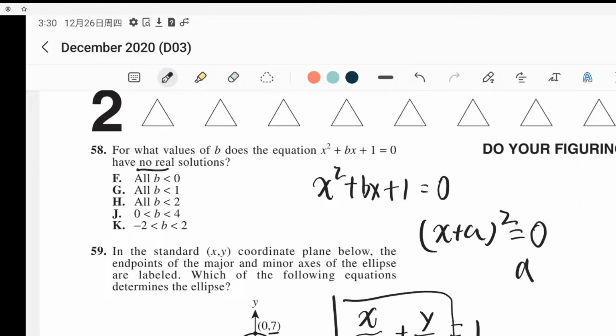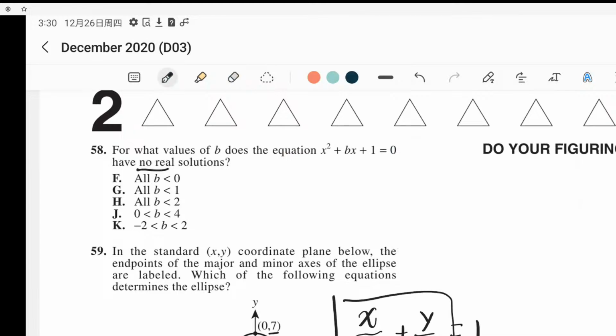Is that real? Let's see, x squared plus 1. x squared plus x plus 1. And I fear this is not true.